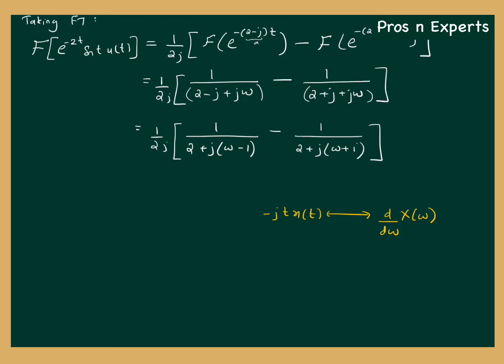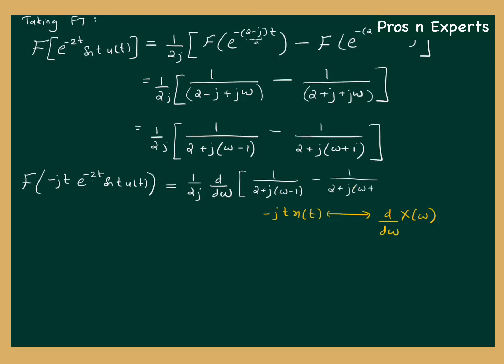So similarly I can write the Fourier transform of minus j into t into, instead of x of t, it is e raised to minus 2t sin t of t. What you get is 1 by 2j into d by d omega of the whole thing, 1 by 2 plus j into omega minus 1 minus 1 by 2 plus j into omega plus 1. This is the frequency differentiation property.